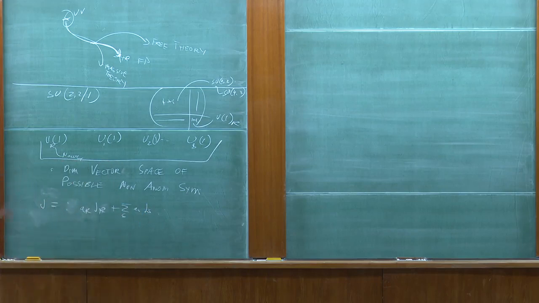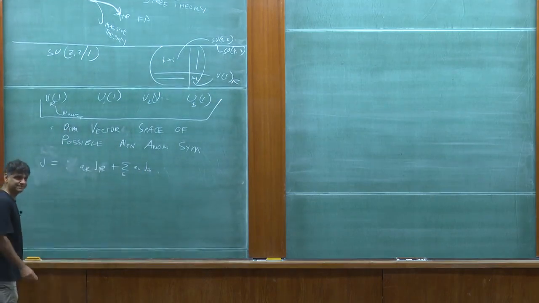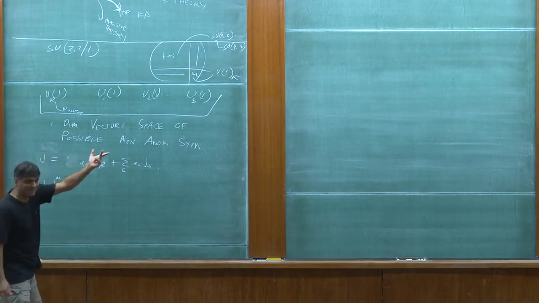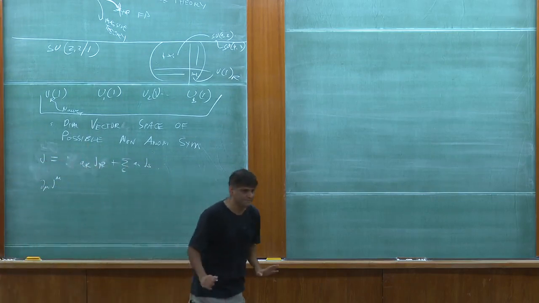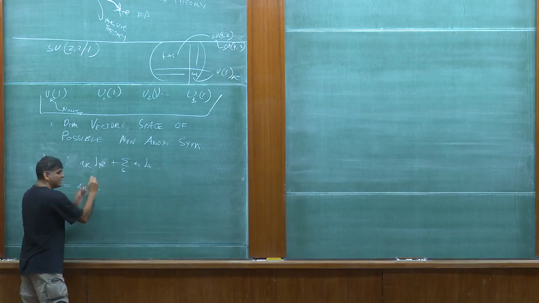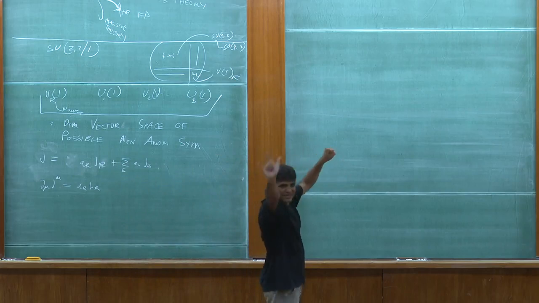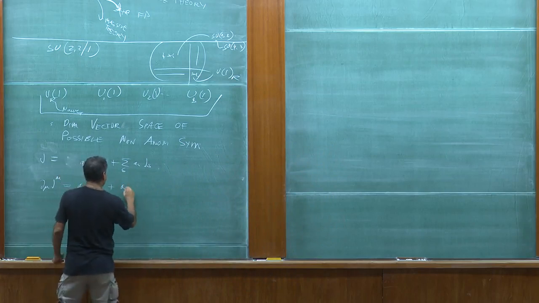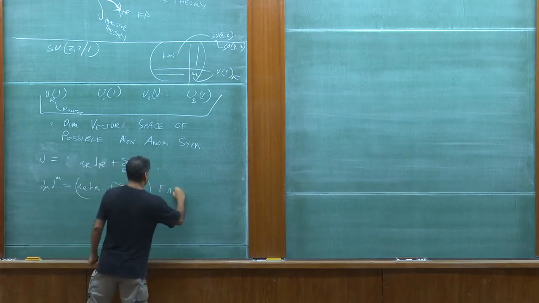Let me compute its anomaly. So we have d mu j mu. I said it wrong. We're not looking at the anomaly of QCD. We're looking at the anomaly of this current, but the right-hand side is F wedge F of QCD. So d mu j mu is equal to AR times some BR, which is the number that you compute when you compute the trace of this representation times QCD squared, plus the sum over S of AS BS, times F wedge F. You know, the kind of thing we've done many times.